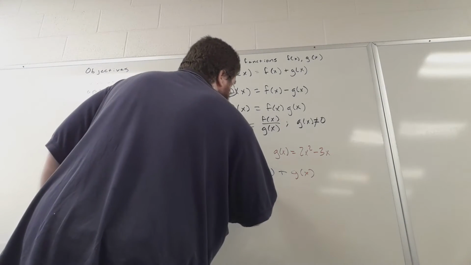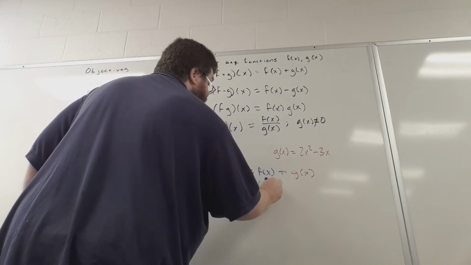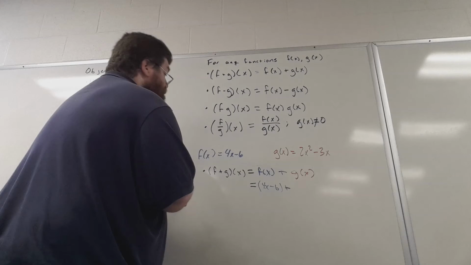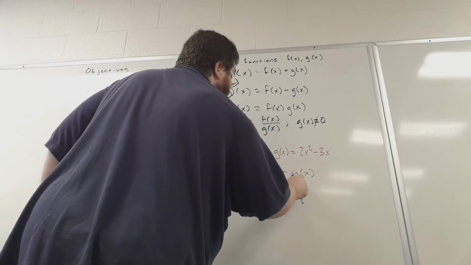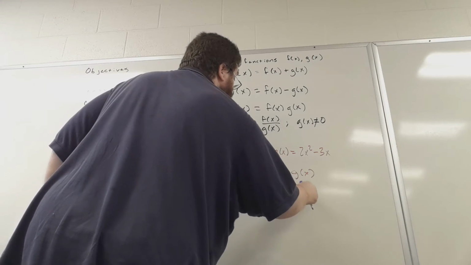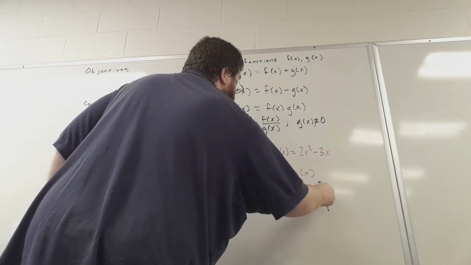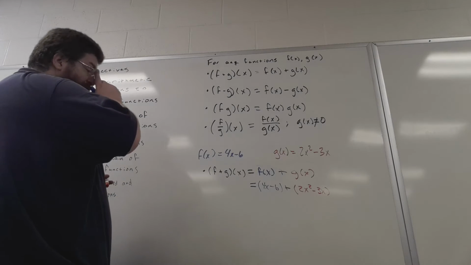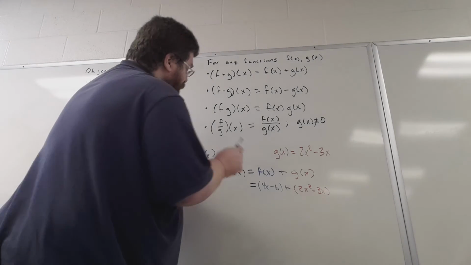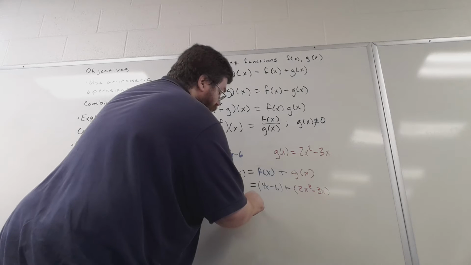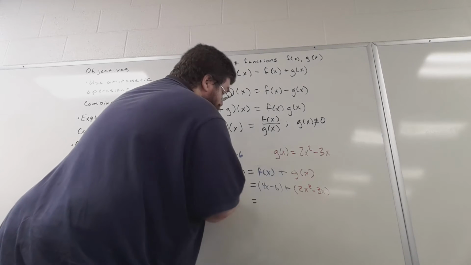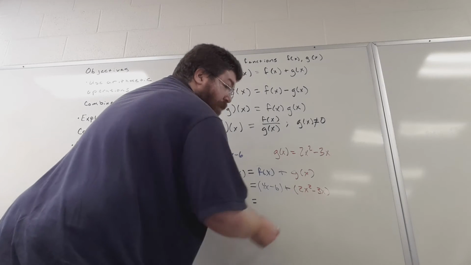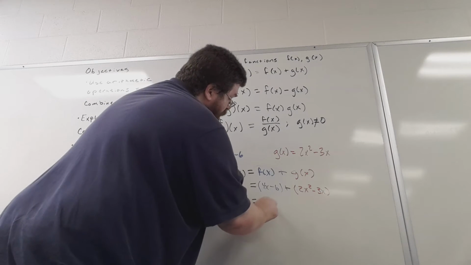So I've got here, f of x is 4x minus 6. And g of x is 2x squared minus 3x. So now if I want to combine these to fully simplify them, okay, I'm looking at just combining like terms. I only have the 1x squared term.